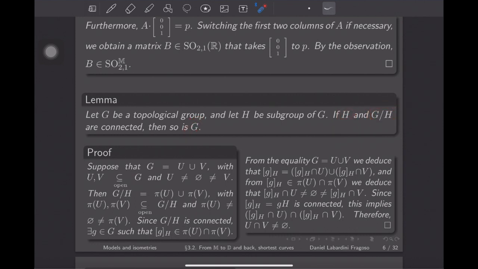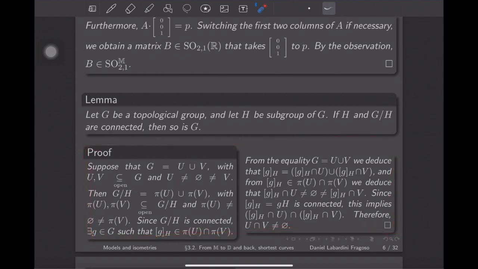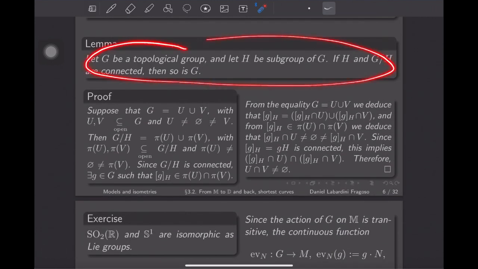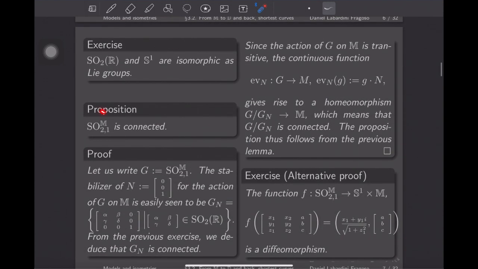Okay. And here's the proof. The proof is not hard, and I would say the proof is more or less standard. So I'm not going to go through it, but it is included in the notes, just for completeness. And I'm going to use this lemma to show that the restricted Lorentz group is connected, right?